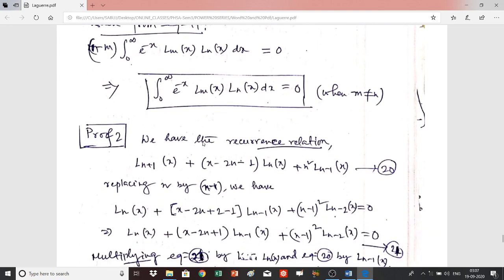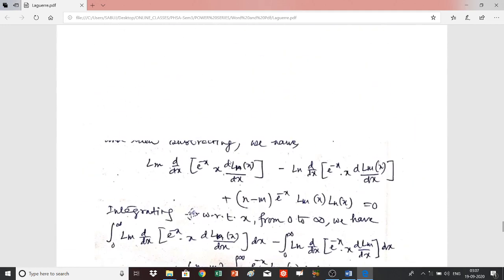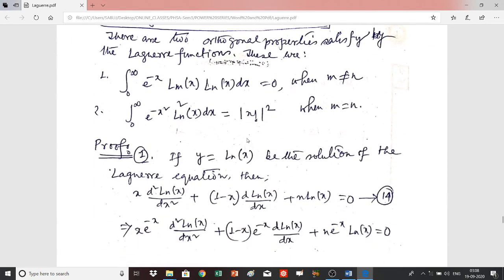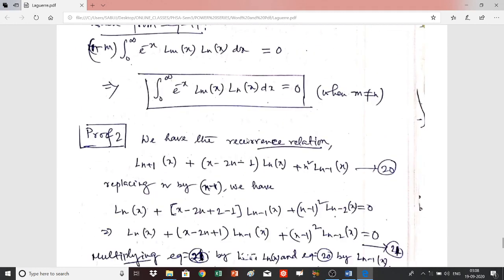Now for another orthogonal property, another orthogonal relation, we just have to recall the relation. See this recurrence relation. I told you that this sign is negative, so use this recurrence relation with the negative sign here.